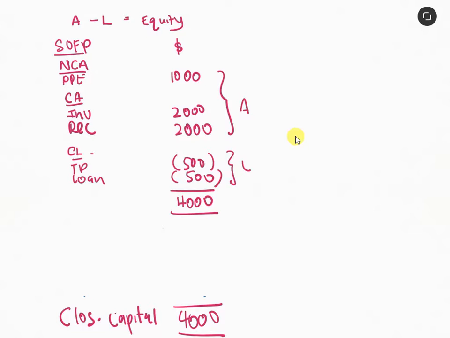Current liability, trade payable, loan, accrual, liability. So asset minus liability 4,000 is my net asset. Is my net asset also equal to equity here? Yes. If you are given asset, given liability, you can find the equity, which is closing capital.